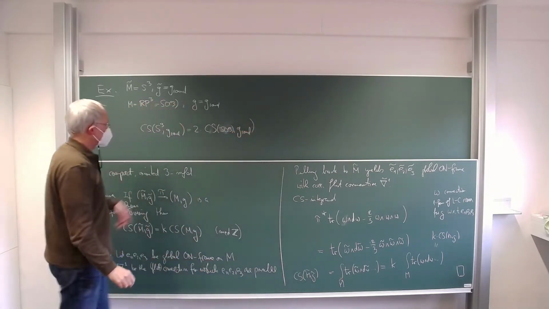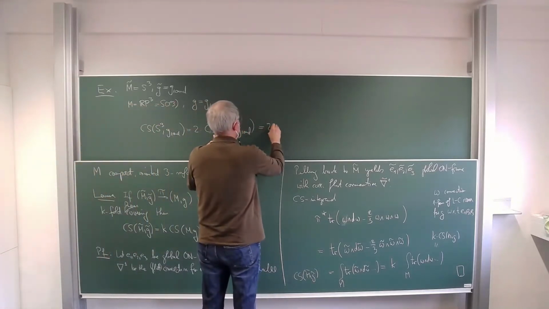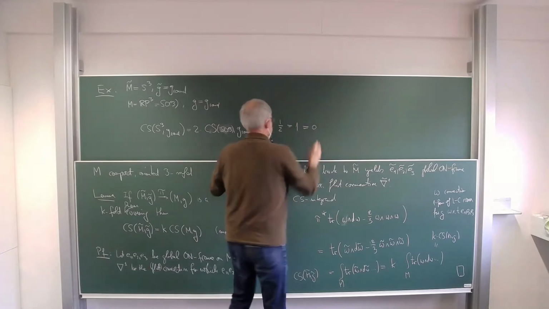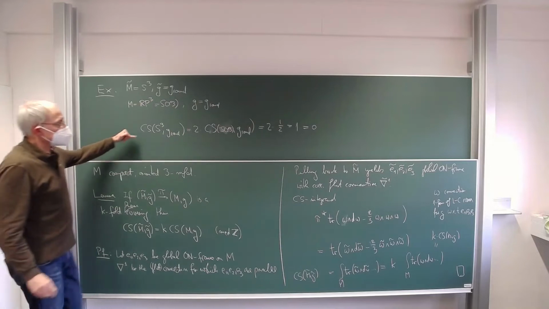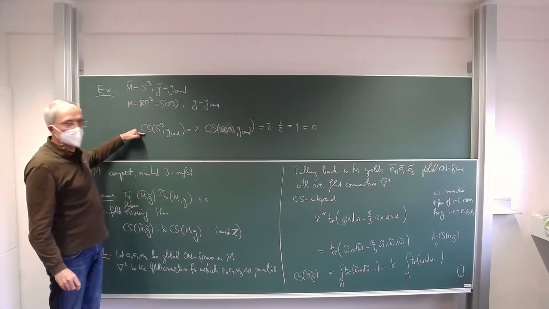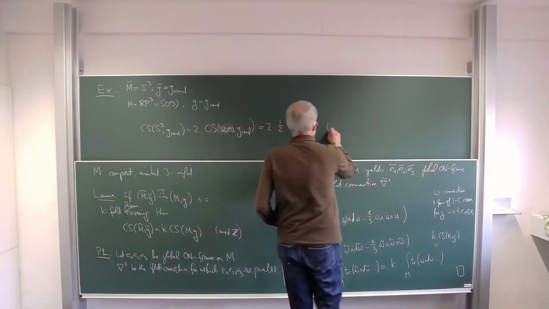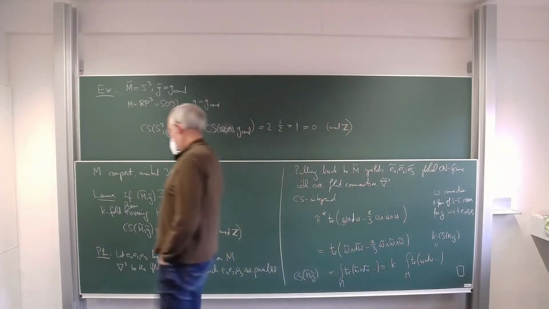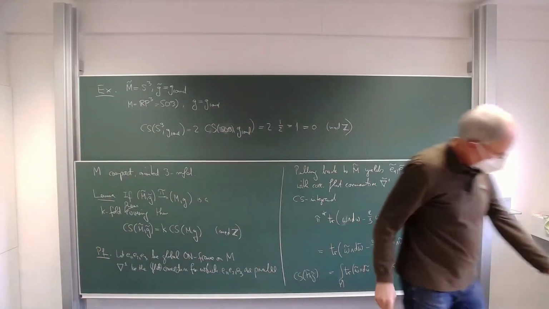And this can be computed to be 1/2, so that is 1, which is the same as 0. So in other words, the Chern-Simons invariant of the sphere with the standard metric is trivial. All right, good. So let's keep that in mind. We will need this in a moment.